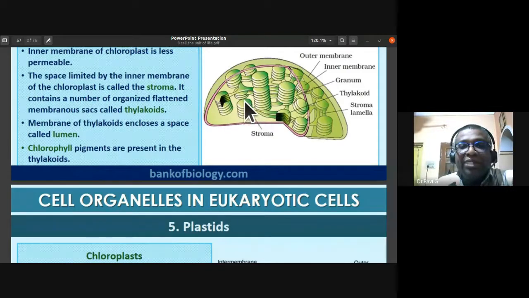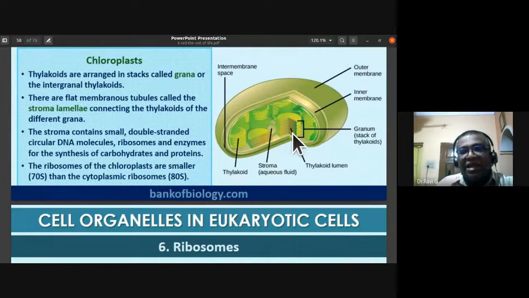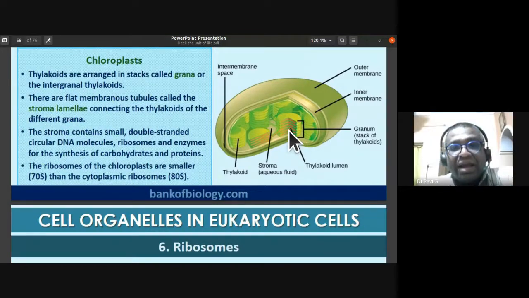So the thylakoids contain the chlorophyll pigments. Thylakoids are arranged one above the other like a pile of coins, or in stacks, and we call them grana, or intergranal thylakoids.